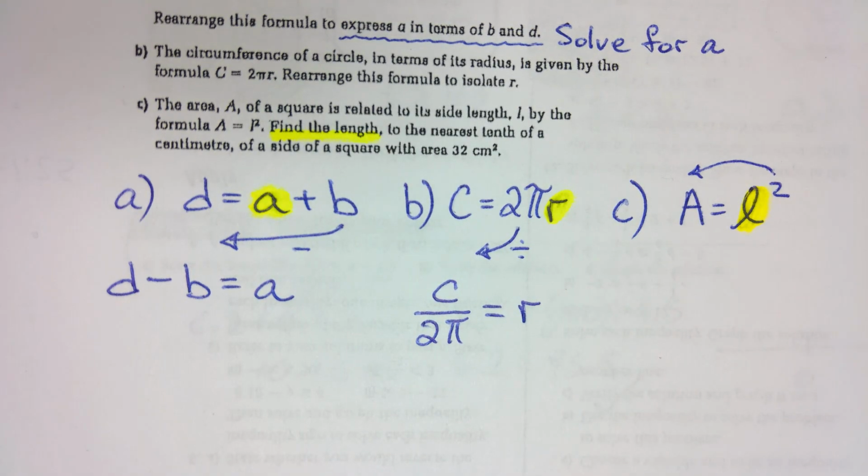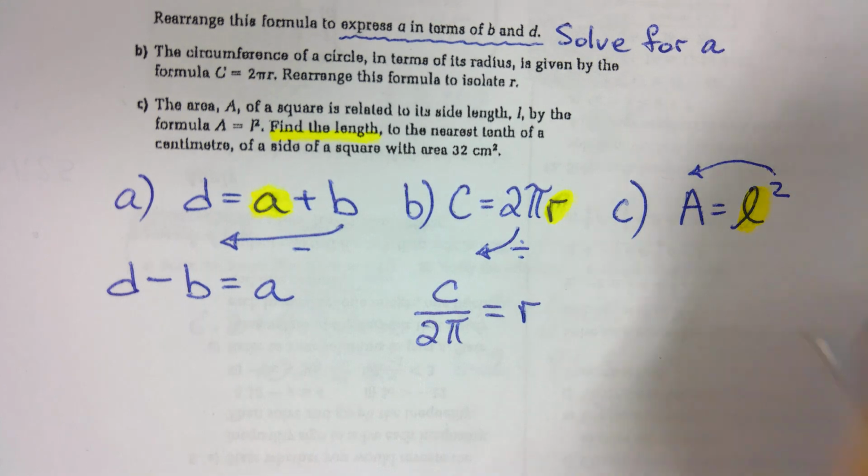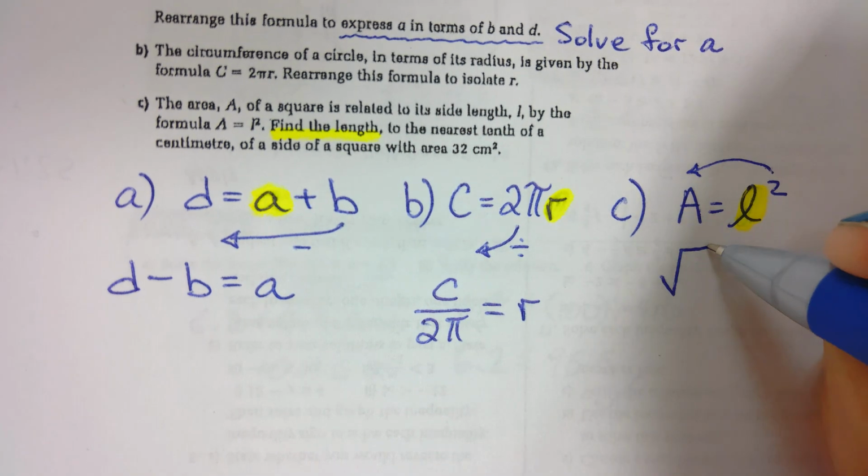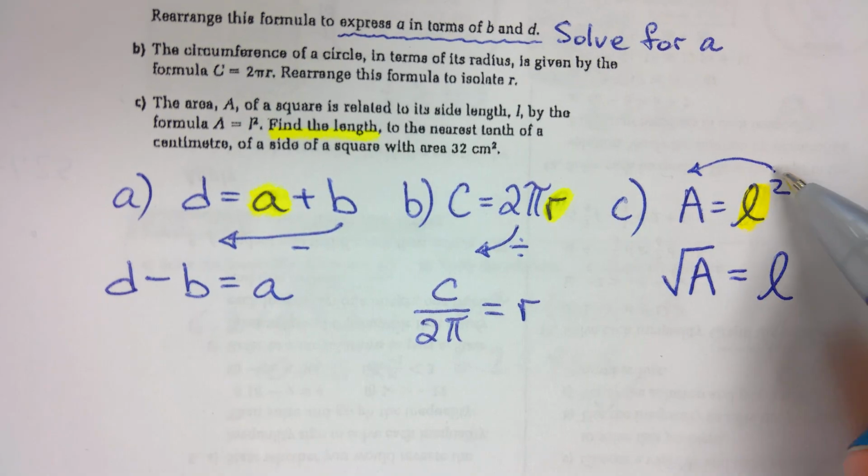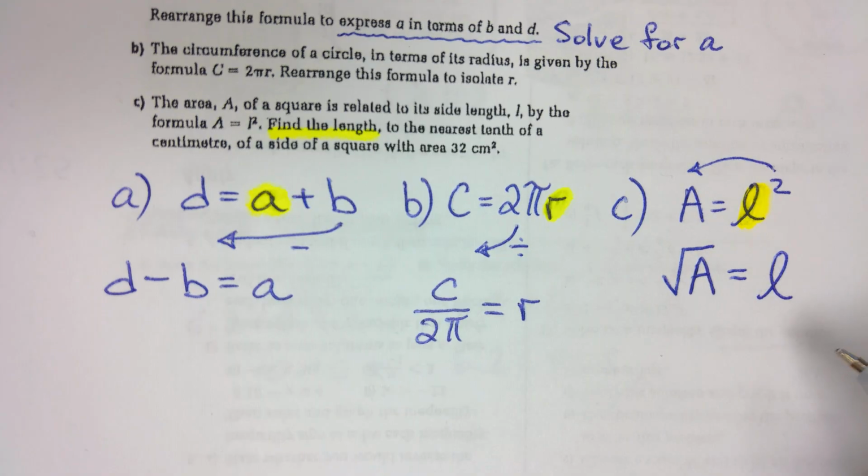What's the opposite of square? Eric? Square root, right? So not cube. I've had people tell me the opposite of square is cube. So opposite of square, when you move it over to the other side, it's square root. So there's my formula.